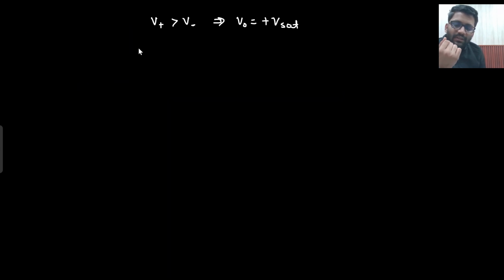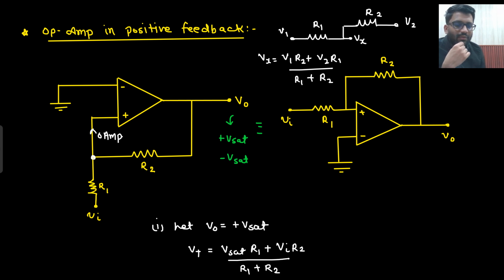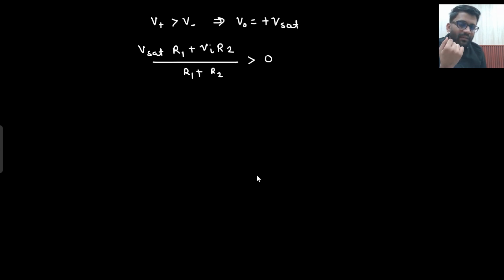My V positive is Vset into R1 plus V in into R2 divided by R1 plus R2. It should be greater than V negative. What is your V negative? V negative is 0. So what you are getting? Vset into R1 plus V in into R2 should be greater than 0.